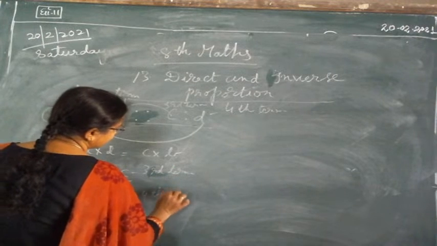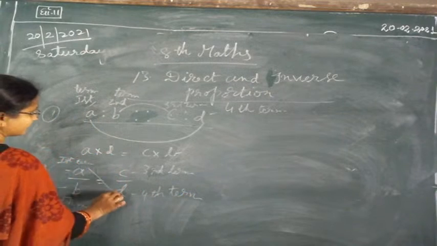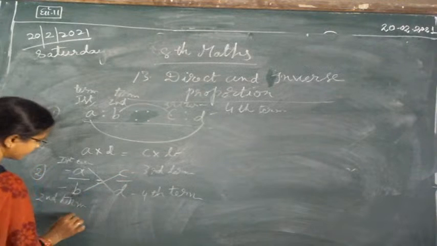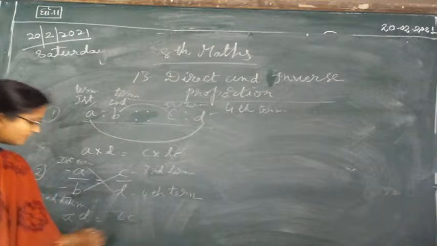So, the product of the first term and the fourth term is equal to the second term and third term. AD is equal to BC.